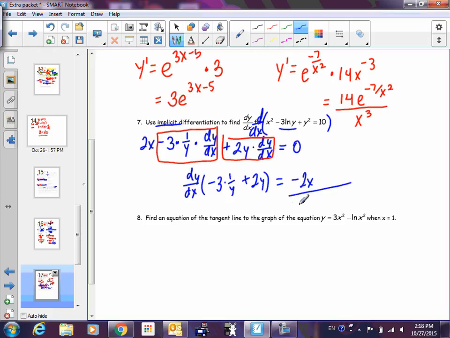And then divide. And this is messy. I'm not going to go over simplifying this one today. You could simplify. See how there's a fraction within a fraction? That's a little yucky. We're not going to worry about that right now. I feel like we've done enough new stuff today.